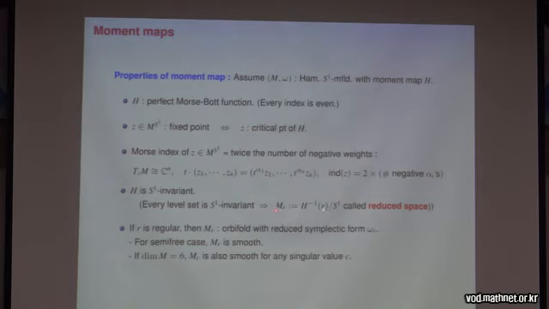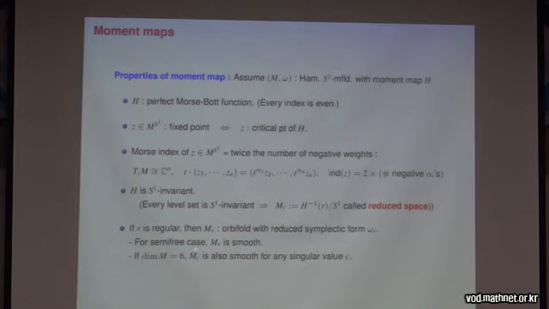And whenever R is a regular value, we take the quotient by the S1 action so that we get a nice space, which I call the reduced space at level R. If R is regular, then M_R is in general an orbifold with cyclic quotient singularities.